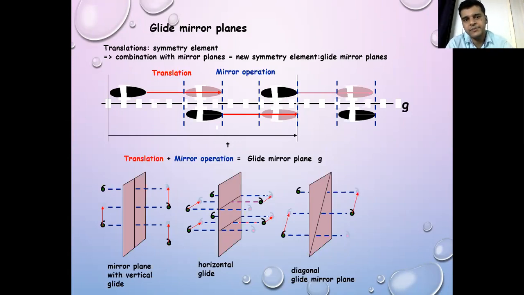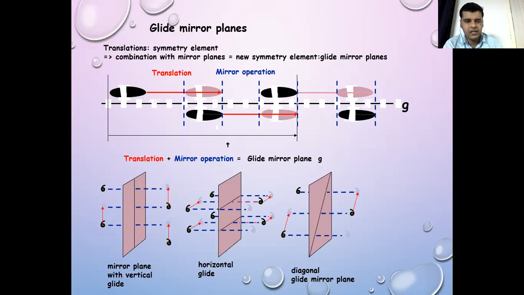Translation, we know, is a symmetry operation, and then combined with mirror image, and glide, what is glide? The translation and mirror operation within this glide is called a glide mirror plane.